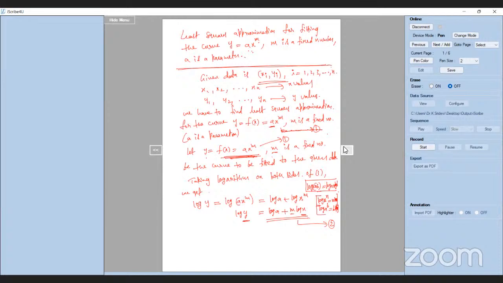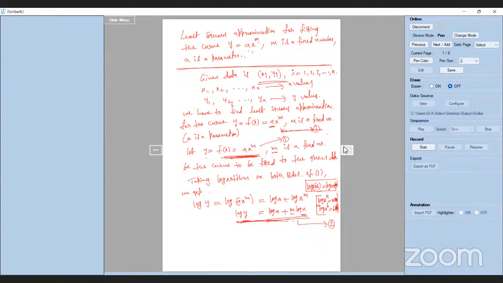But if the equation is in this form or in this form, we cannot find the values of parameters because there are no normal equations for that kind of equation. That is why we have to convert this equation into our convenient form, that is linear form. It may be a first degree polynomial or a second degree polynomial.